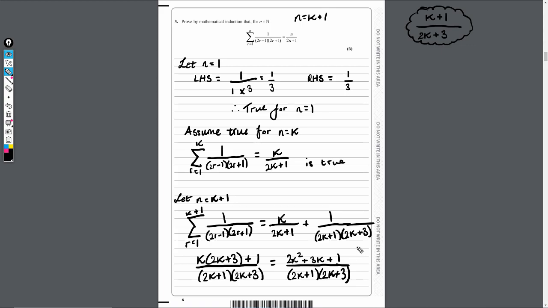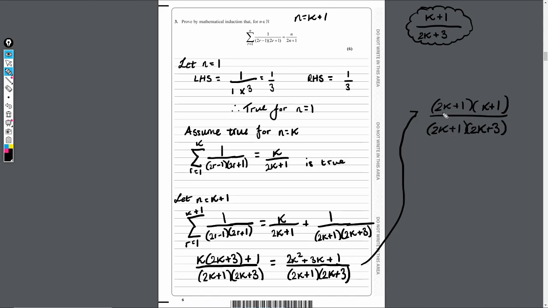Now we can try and factorise this numerator, which factorises quite nicely. So I do it all the way up here. So this 2k squared plus 3k plus 1, this will factorise, and this will give you 2k plus 1 times k plus 1. This is over, still the same denominator, so 2k plus 1 all over 2k plus 3. And this is perfect, right?